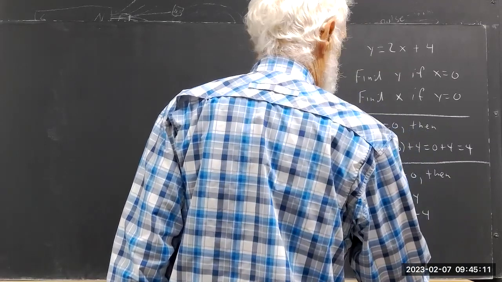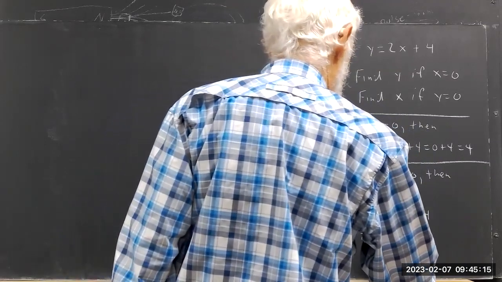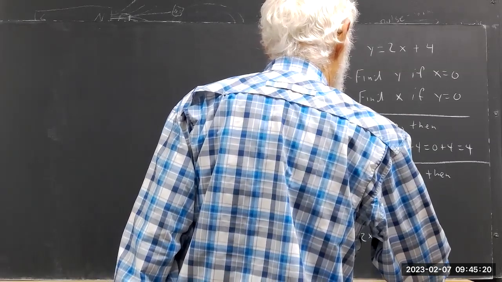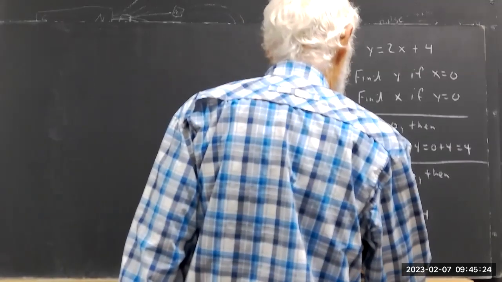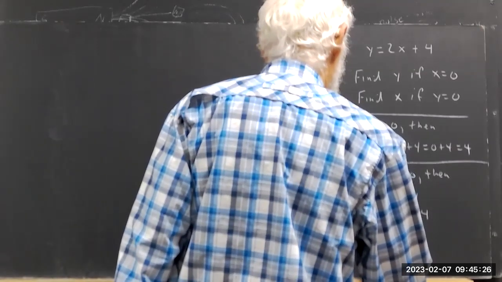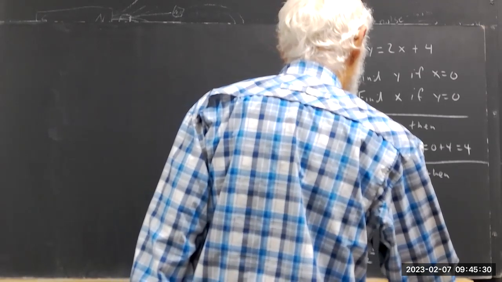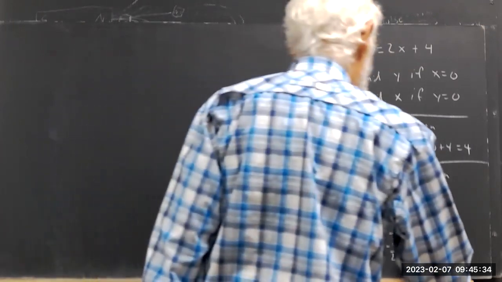And that gives us just 2x on this side. And I'm going to switch sides. I'll put the 2x over here, and equal to negative 4 on this side. So the x, well, write out the steps. 2x over 2 equals negative 4 over 2. And negative 4 over 2 is just negative 2.